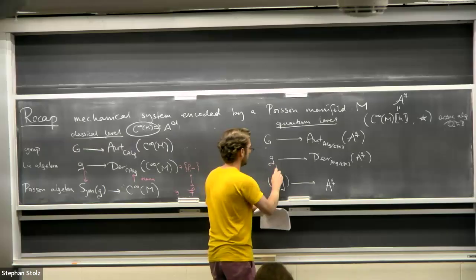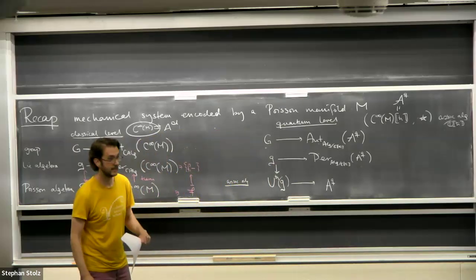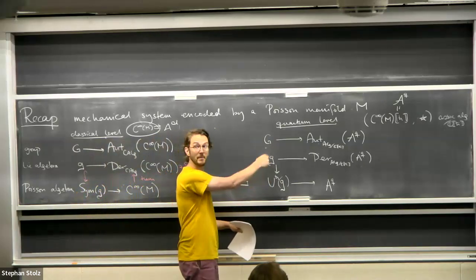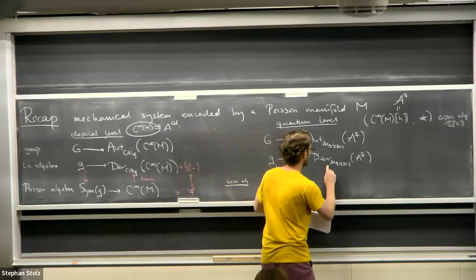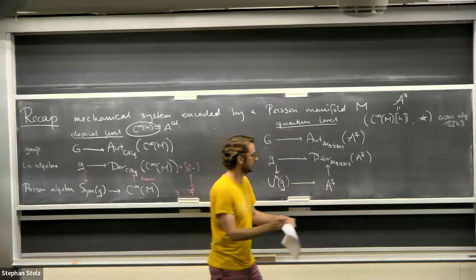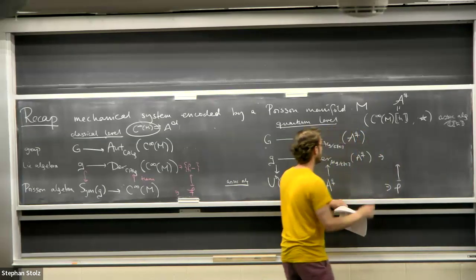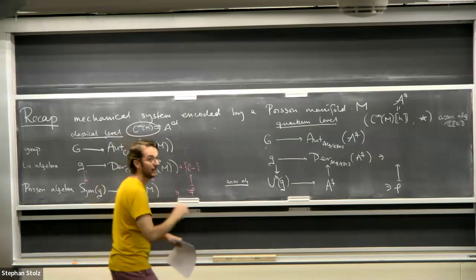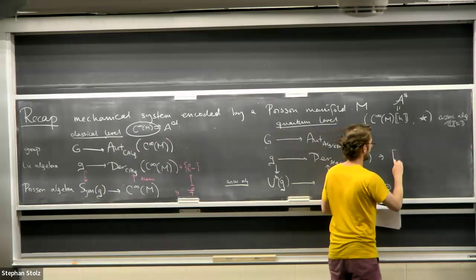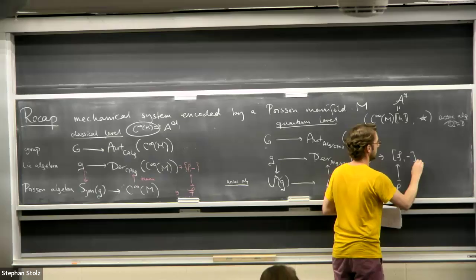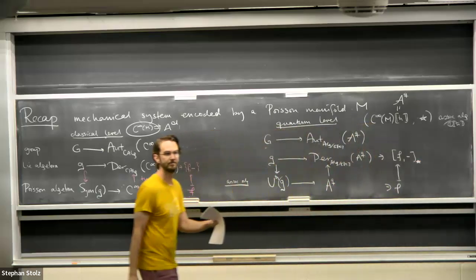We still have an inclusion here. This is actually a map of Lie algebras. And we still have a version of a Hamiltonian map. If you have an operator F here, instead of going to the Poisson bracket, it goes to the commutator bracket with respect to this.